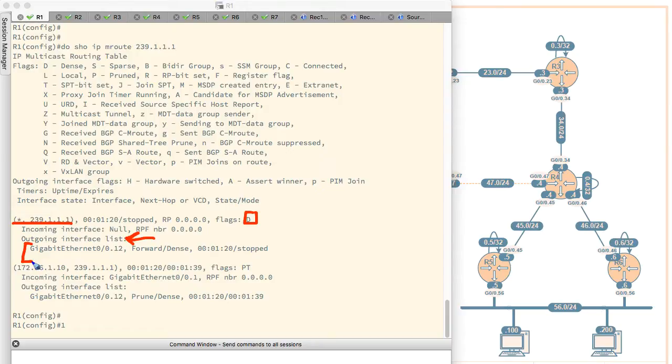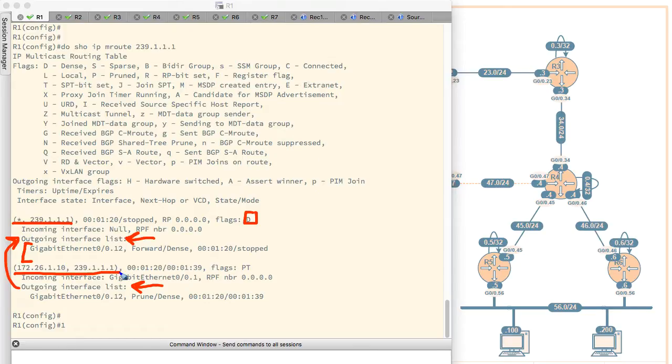Because you need to flood the traffic to all of those neighbors, they are gathered in the outgoing interface list. The list down here on the shortest path tree is going to be a subset of the list up here. All of the qualifying interfaces from the star,G, which is the collection of all of the interfaces, will make it to the S,G.